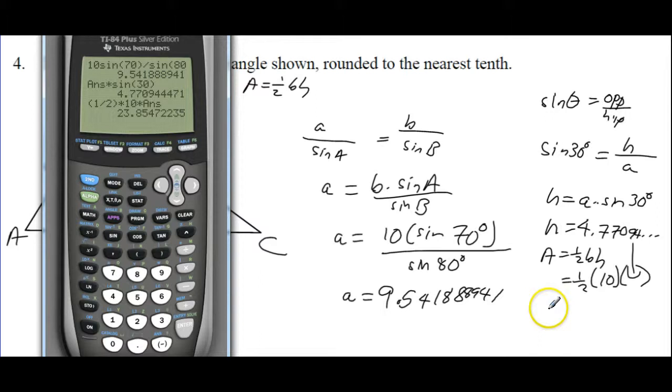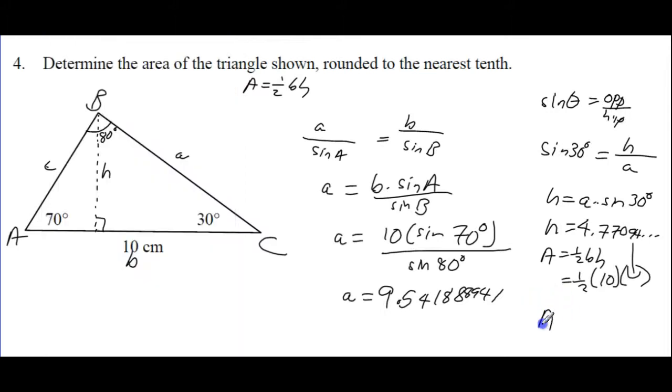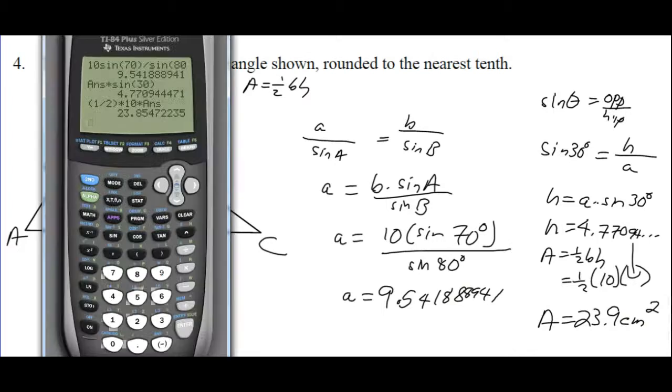Hit enter, and that's our area, 23.9 rounded to the nearest tenth, centimeters squared, right? If there was no centimeters, then you would write units squared, because an area has to be square something. And there we go, 23.9 square centimeters.